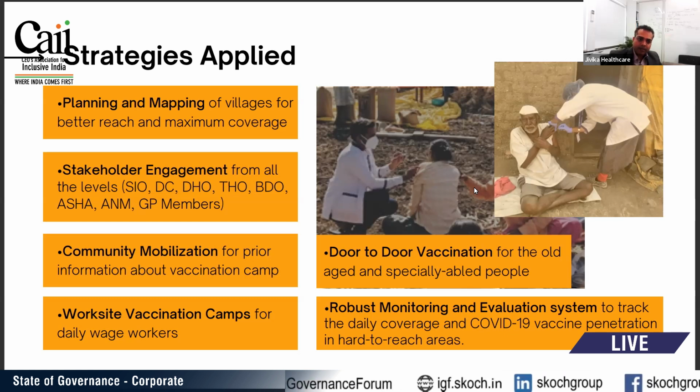And within that particular sub-strategy, we used to identify particular work sites, like construction sites, or brick kiln sites, or, for example in Maharashtra, specifically the manufacturing sites related to sugarcane processing, so that we are reaching out to the blue collar workers who do not want to spend half a day going out, spending travel time and travel cost, and reaching the vaccination sites.